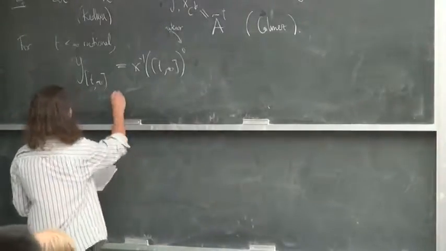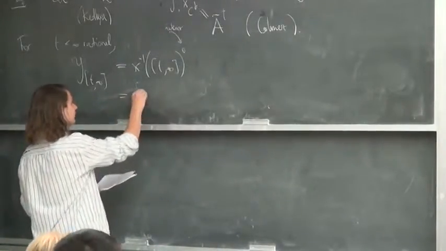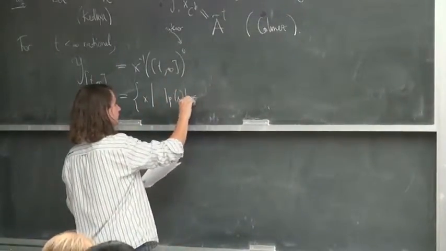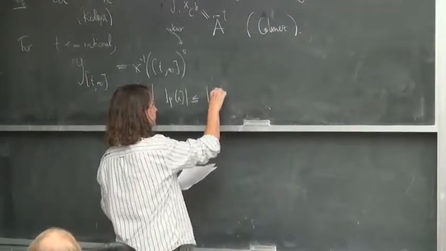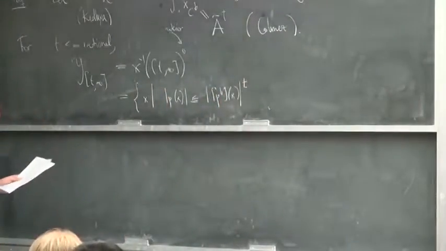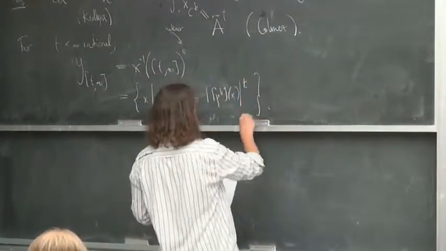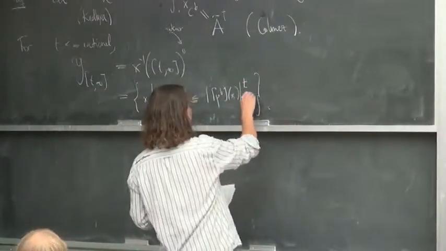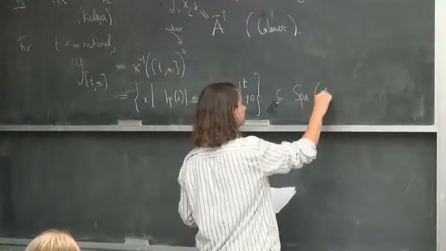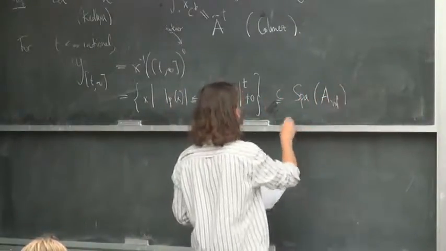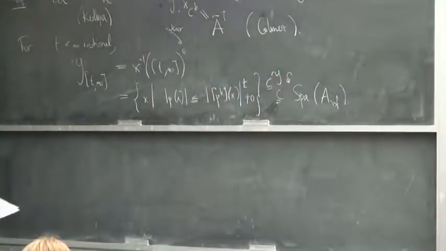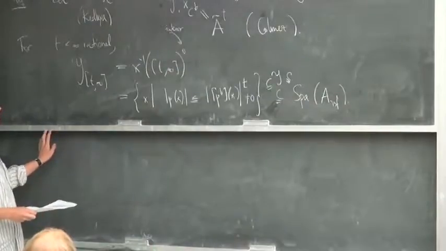So more precisely, that's the locus of all points x such that the absolute value of p at x is at most the absolute value of p flat to the t, and this being non-zero, inside of the adic spectrum. In fact, contained in Y. What does interior refer to?